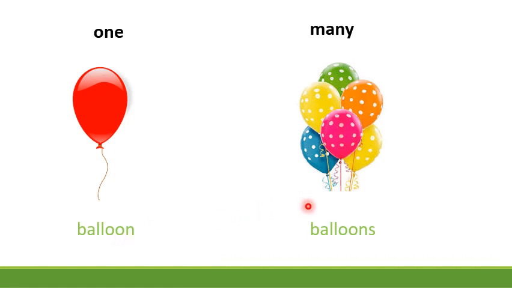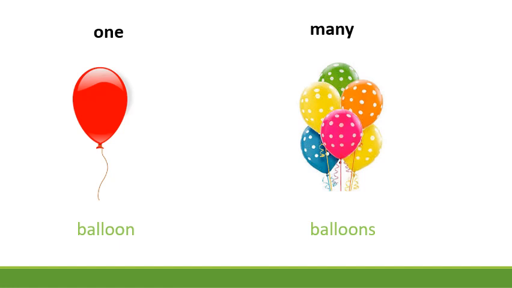Next to the balloon, here we add S to the end of the word. So, what is the spelling of the balloon now? B-A-L-L-O-O-N-S. Balloons. So, when there is one, there is only one balloon. But when there are more than one, we add s to the end of the word. So, how will you read it? Balloons. One balloon, many balloons.